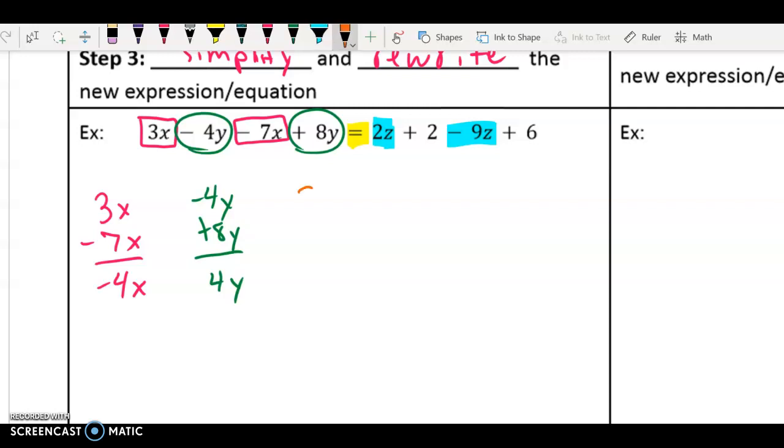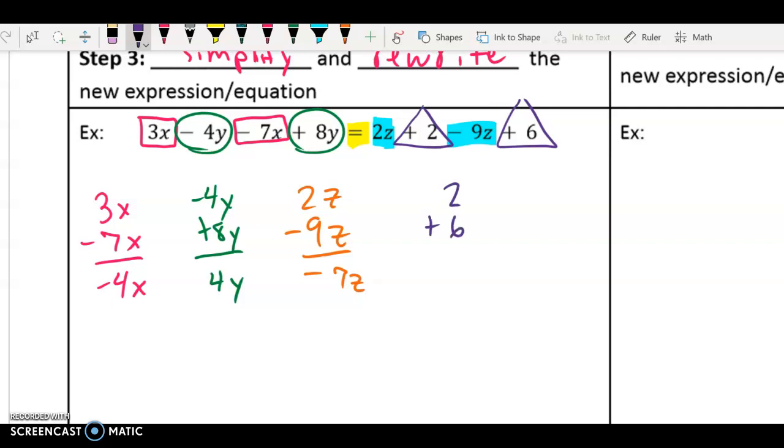So 2z minus 9z is negative 7z. Okay, and last but definitely not least, I'm going to use triangles this time, a positive 2 plus a positive 6. They are both just regular numbers. We add them like we normally would. 2 plus 6 is 8.